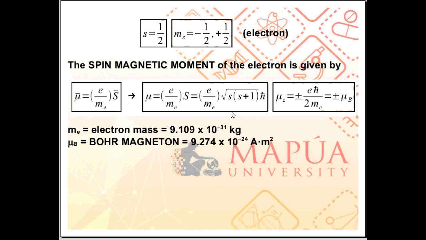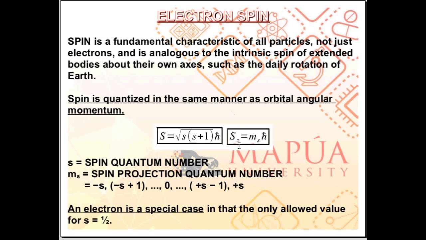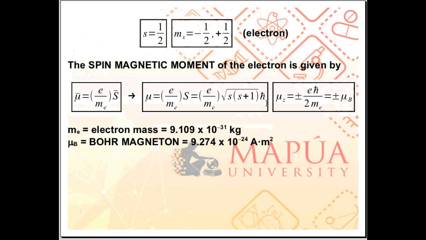If we have Sz, the z component of the spin, we also have the z component of the spin magnetic moment. You have mu z. Mu z is equal to plus or minus e h bar over 2 me. Mu z, therefore, is also equal to plus or minus mu B. Notice, e is a constant, the electron charge magnitude, h bar is a constant, me is a constant.